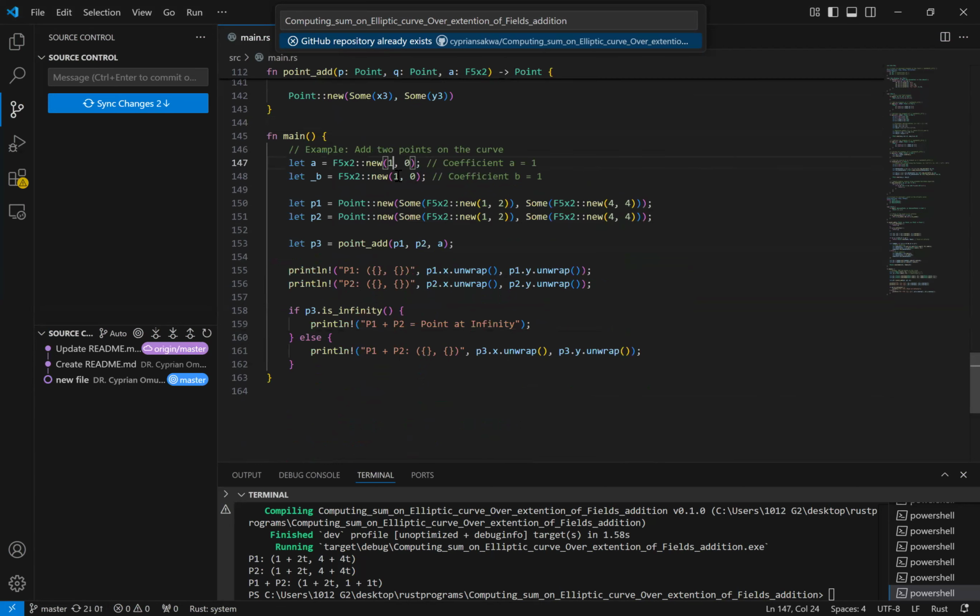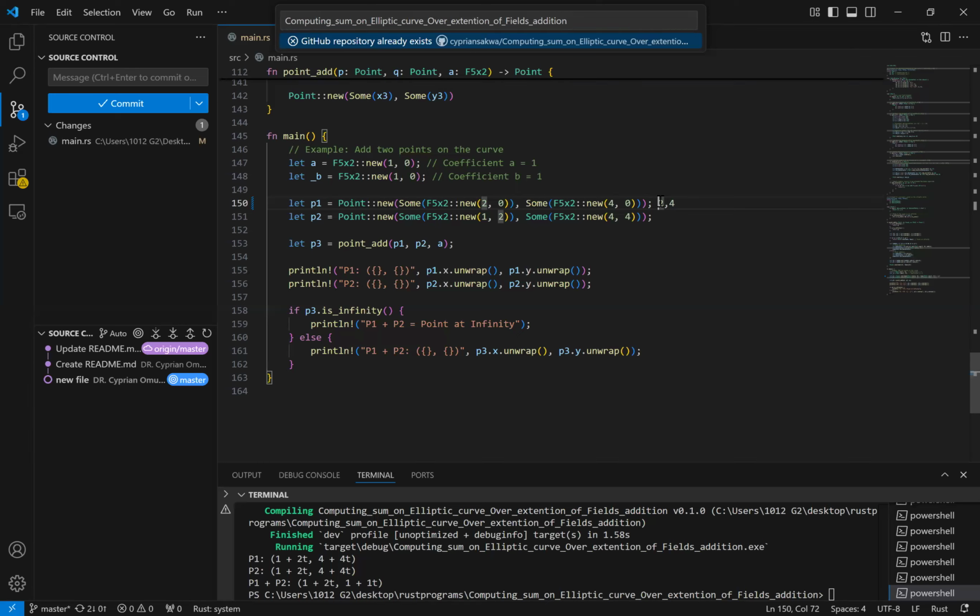Now I'm still using A1 and B1. I want to sum up 2, 4. So the t value, the coefficient is 0, and this is 0. What I've written here is 2, 4.